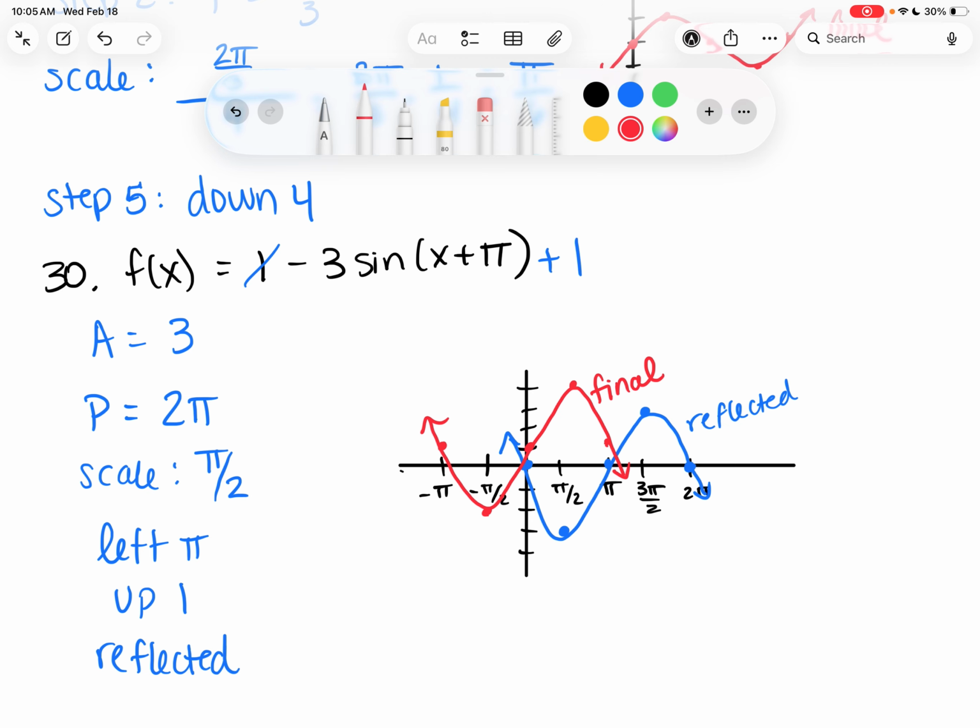What makes it start at 0? Because what's the sine of 0? 0. If you ever forget where sine or cosine starts, look at your unit circle. Because what's the cosine of 0?